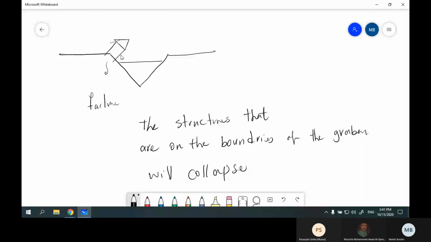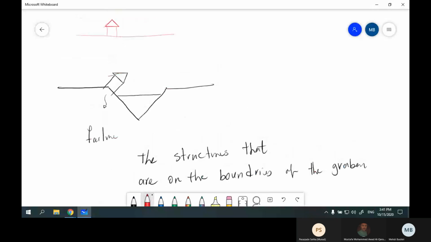One of the main structures, for example, you may have buildings, bridges, pipes. This is the main problem, pipelines. For example, oil pipes, sometimes their length is more than 10 kilometers, I don't know, 100 kilometers.